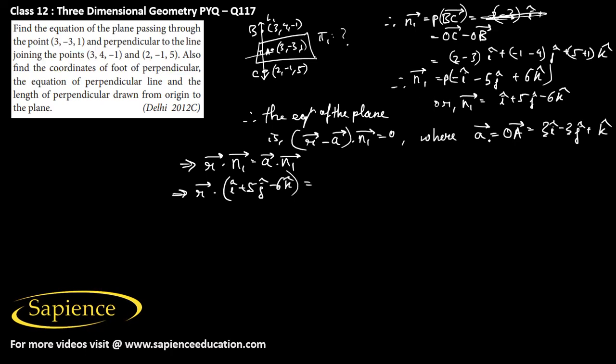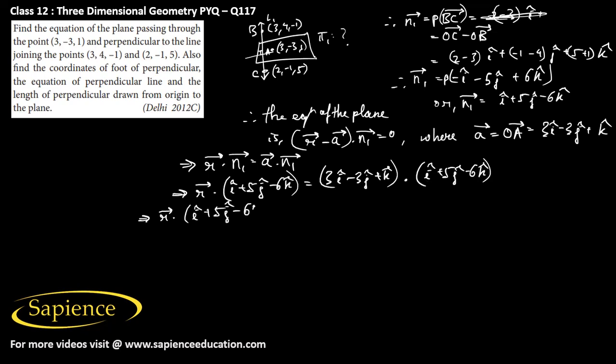So a is 3 i cap - 3 j cap + k cap, and dot product it with i cap + 5 j cap - 6 k cap. So that will be r vector dot (i cap + 5 j cap - 6 k cap) equal to 3, then minus 3 times 5 is 15, then minus 6.